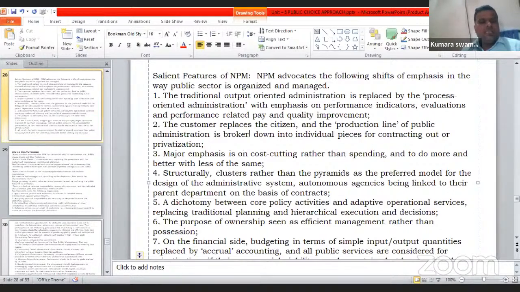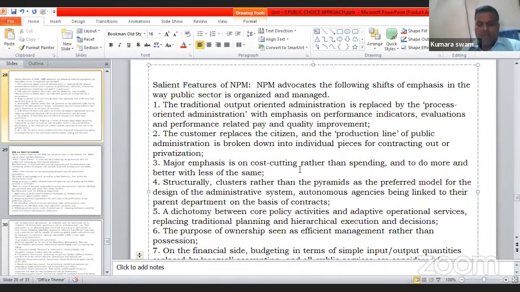The customers replace the citizen, and they want to introduce a production line type of system. They want to emphasize cost cutting rather than spending, and do better with a lesser amount. So they want to reduce the budget, and within the small budget they want to see the efficiency and progress in the work. This is also one of the features of new public management.